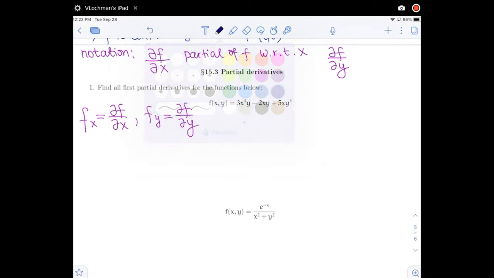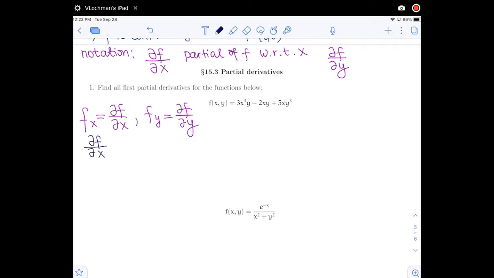Okay, so how do we compute partial derivatives? We're going to talk about computations, and then next time we'll talk about what that actually means. So, the partial of f with respect to x: how do I compute this? We're going to pretend that the other variable, in this case y, is a constant.